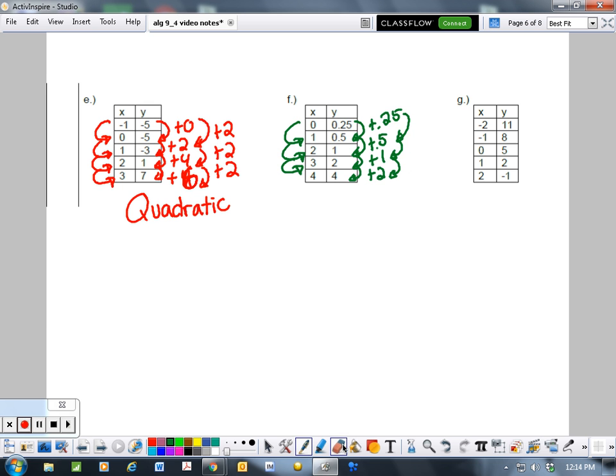So let's check then, and maybe there's a common ratio. Let's start down here. 1 times 2 gives us 2. 2 times 2 gives us 4. That looks good. So 0.25, times 2, times 2.